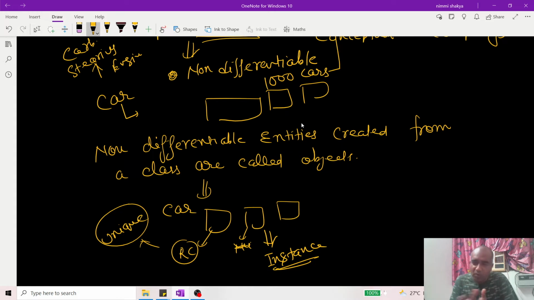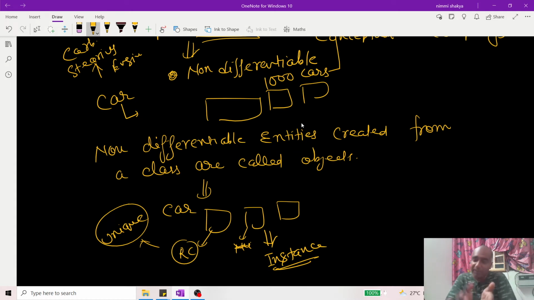But the only difference is that the instances are uniquely identifiable, but objects are the creation. They can be a number of creations. Based on the car template, you can create 1,000 cars, and every car has the same thing. You cannot differentiate from one car to the other car. How can I differentiate this car from this car?